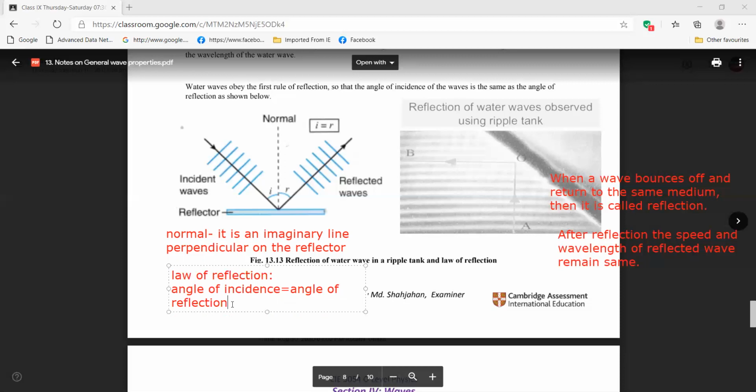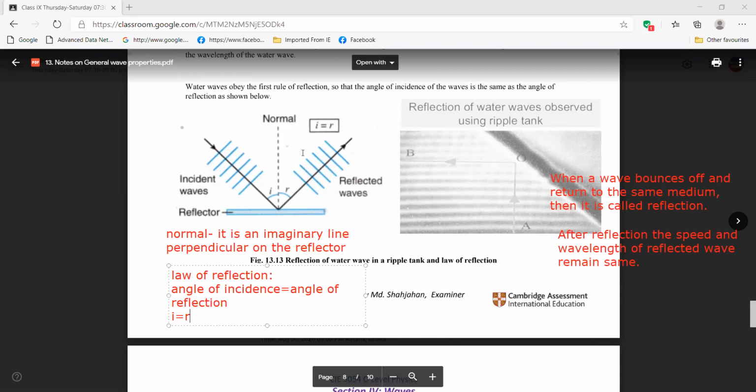Or we can say I equals R, right? Is it clear?